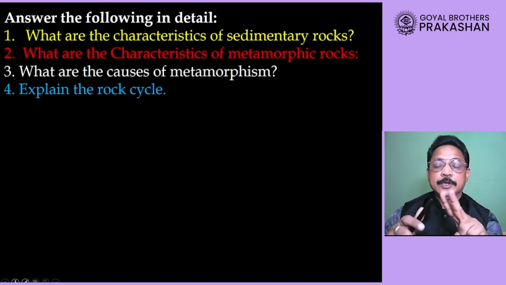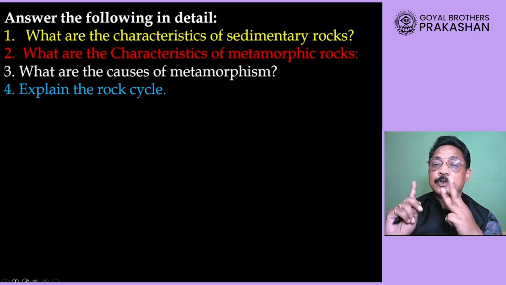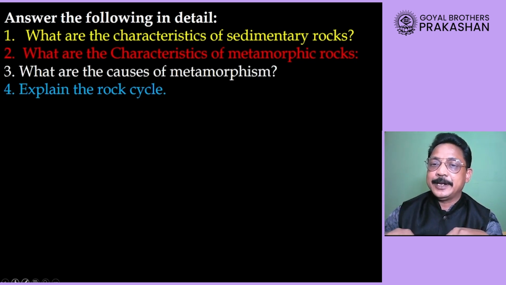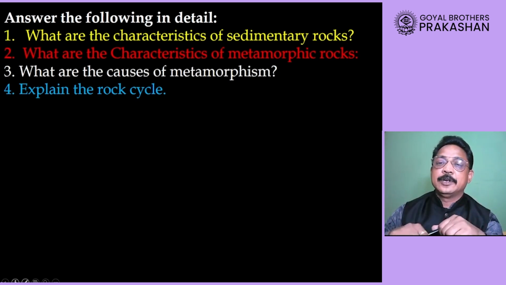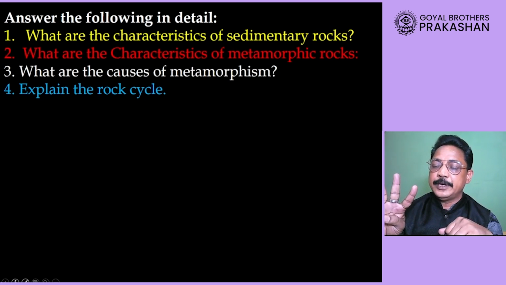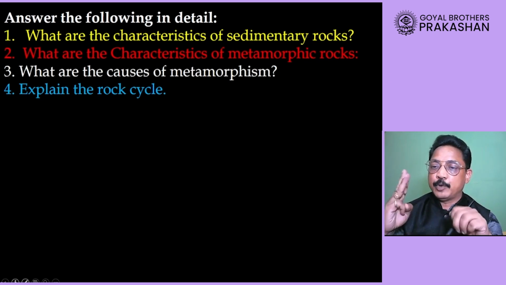Point number 2: about 75% of the continents is made up of sedimentary rocks. Third important characteristic: fossils are found in sedimentary rocks. And the fourth characteristic: sedimentary rocks are found in layers. Dear student, I have told you 4 points. In examination, you can write down any 3 points.